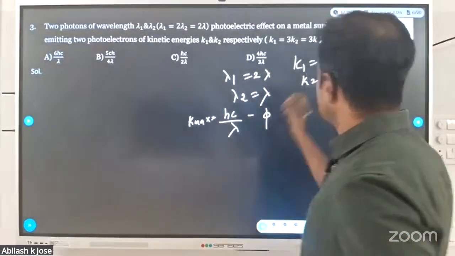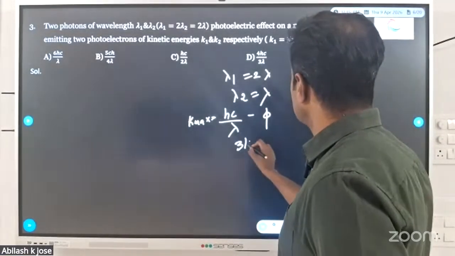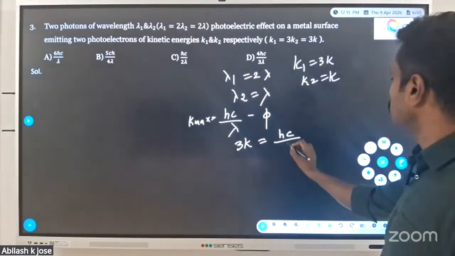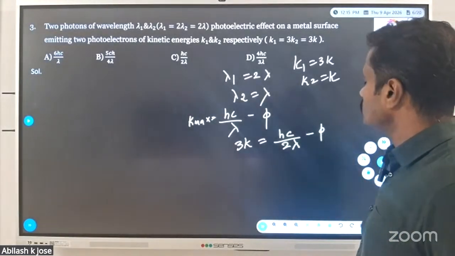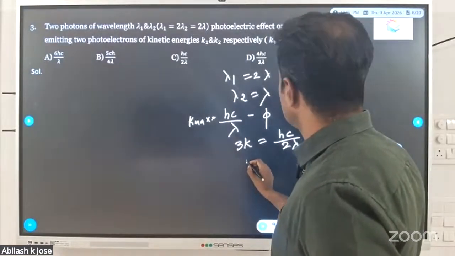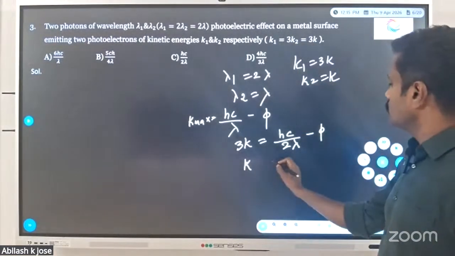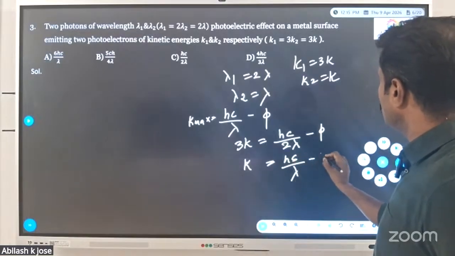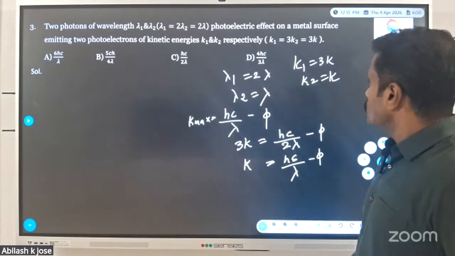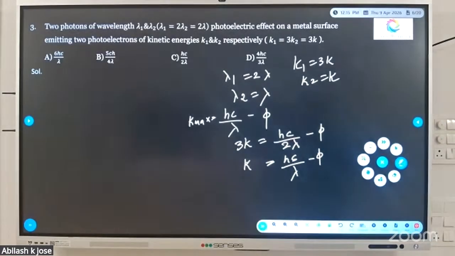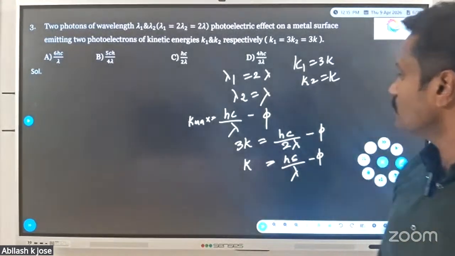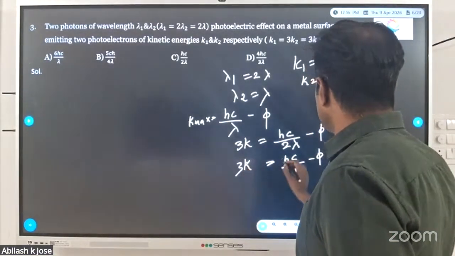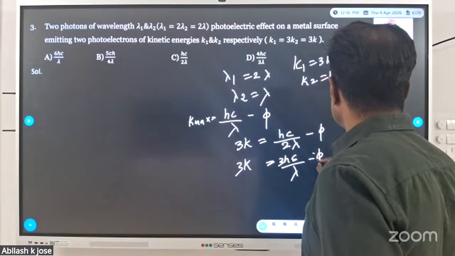In the first case, K max is K, equal to hc by 2 lambda minus work function. In the second case, K max is 3K, equal to hc by lambda minus work function. Looking at the options, we have to express the work function in terms of lambda. To eliminate K, we multiply by 3 on the other side.